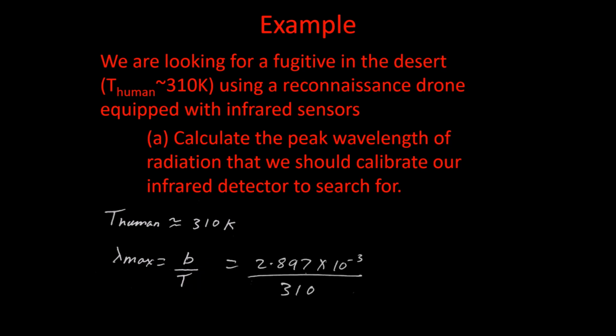Substituting into the equation, B is 2.897 times 10 to the minus 3, T is 310. That'll give us 9.35 times 10 to the minus 6 meters, or 9.35 micrometers, or microns as they're often called. So now we know what frequency, because that is related to the wavelength, we should be looking at to detect this human.